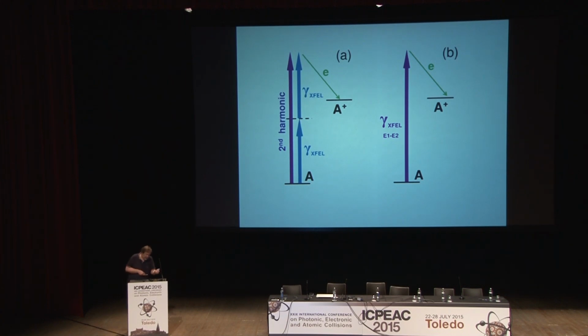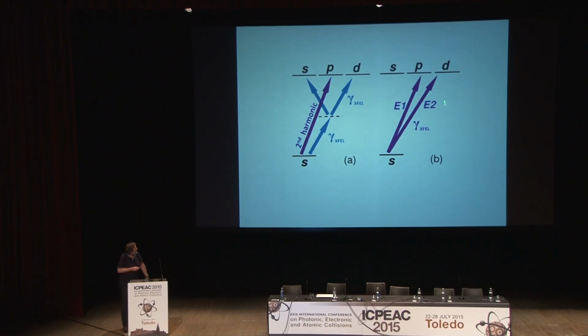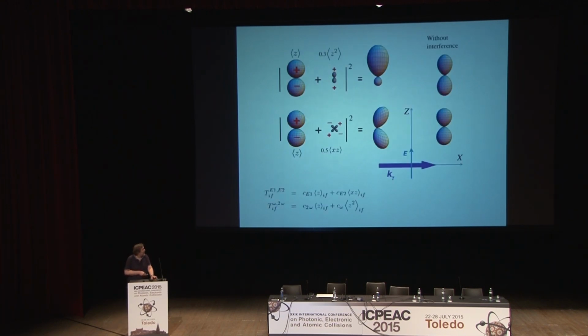The selection rules are very close to each other. These are transitions E1 plus E2, and these are the two paths. So in both cases we have two paths, and here three paths if it's linear polarization, but there is some analogy here.